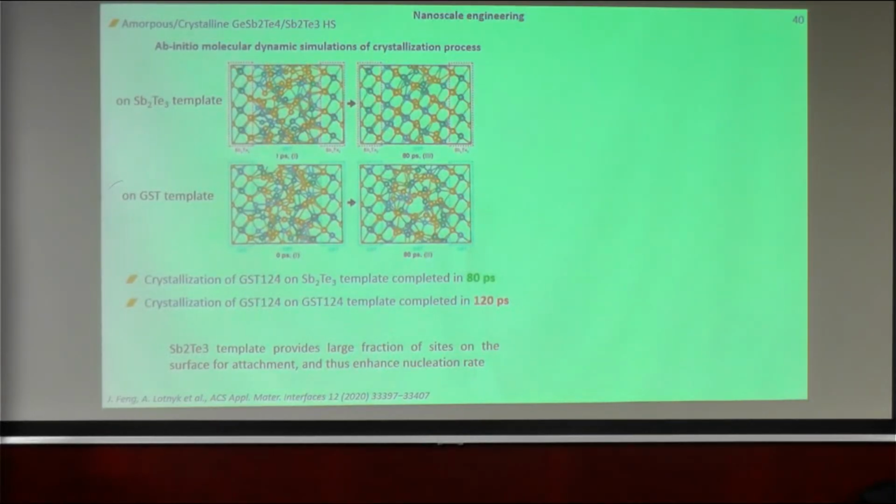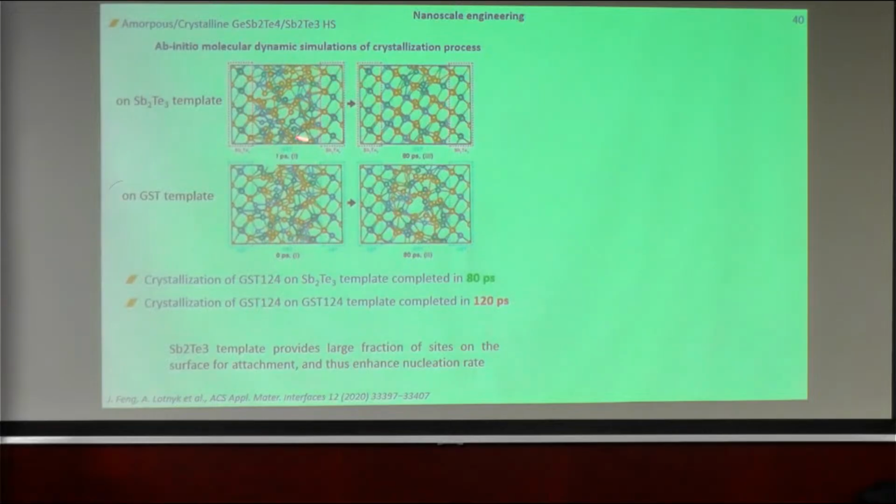In this case, the antimony telluride acts like a template for crystal growth. You can also change this template, taking GST instead of antimony telluride, just for comparison to see if there are differences.